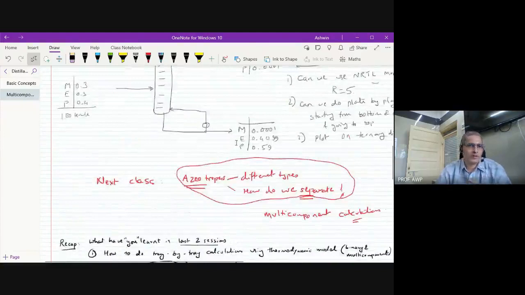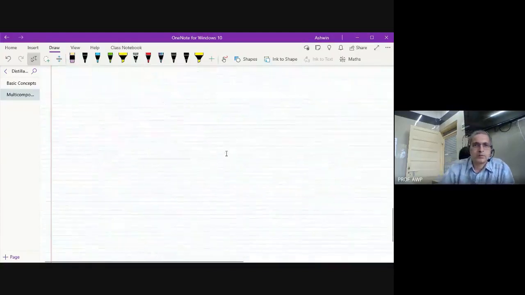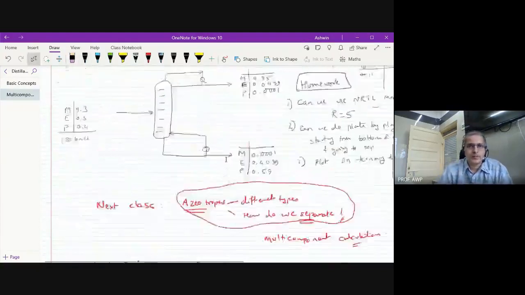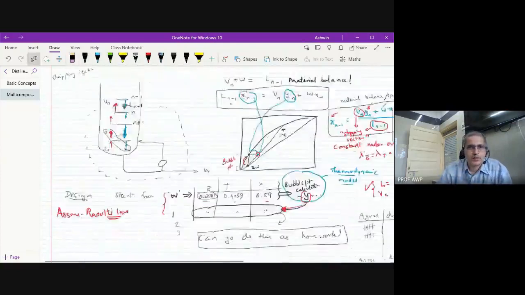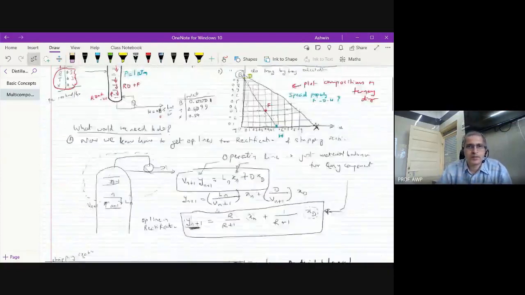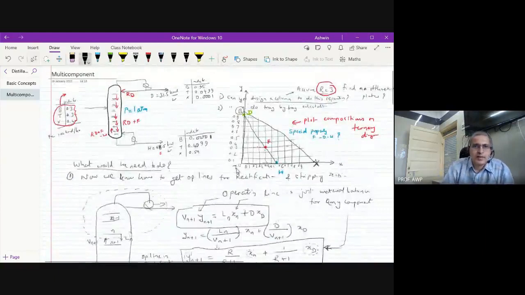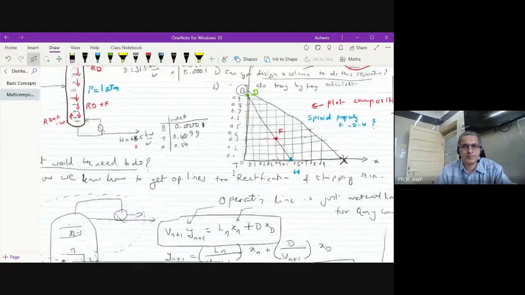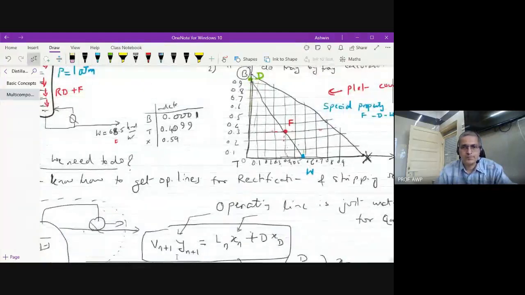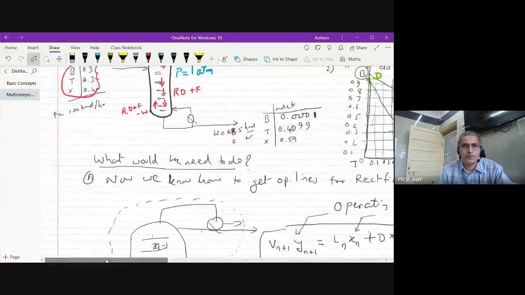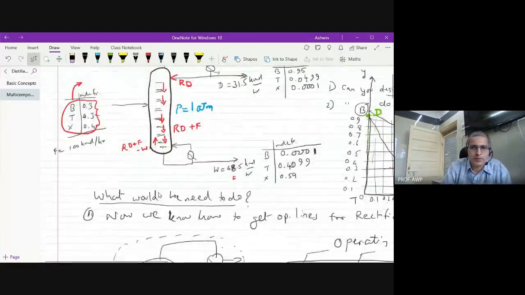One doubt is about the feed plate. So for example, if you have started doing plate by plate calculations and you have started from the bottom plate, and you go to the second plate and then the third plate and then the fourth plate and then the fifth plate and so on, but you don't reach this feed composition.